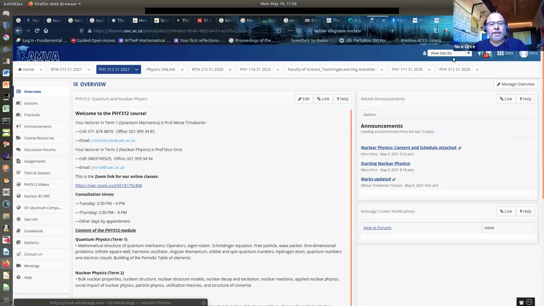we start nuclear physics. So as you can see in the overview, there's some information of what we want to achieve. Information on the Zoom link. This will be the same Zoom link as we have for quantum mechanics. So I welcome everyone to the new lectures, to the new term, and we're going to start strong because we don't have much time.